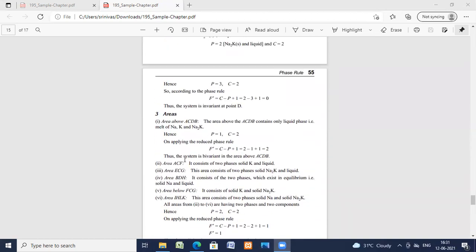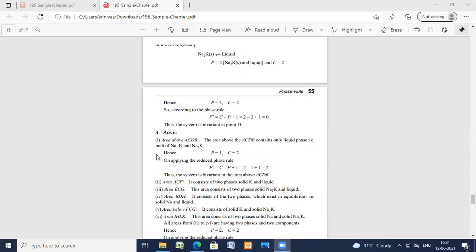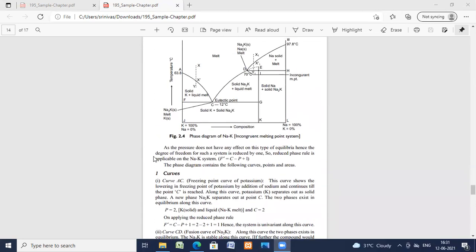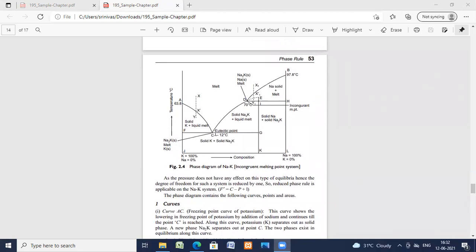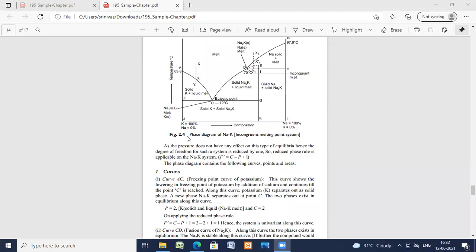Now, this should be very clear to you about the areas. Along the curves, we are getting univariant, AC and CD. And at point C, the eutectic point, and the incongruent melting point D, we get invariant systems.